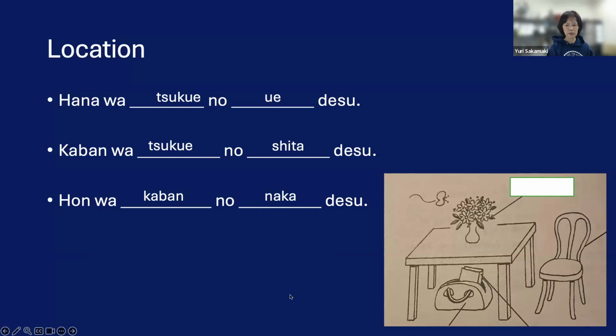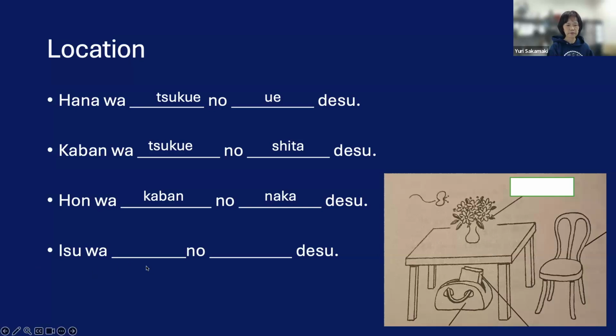Then how about the chair, or just one chair? So for the chair, you can say next to it, you can say it's to the right of the desk, or it's close by. There are a couple of different answers you can make, but in any case, you're using desk, tsukue, as a reference.